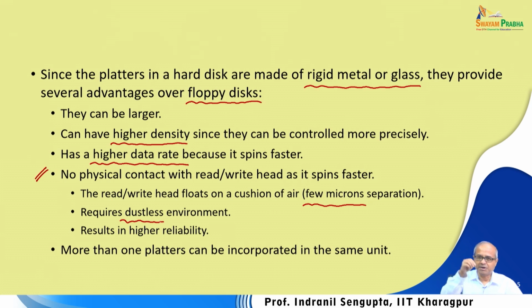So, if a speck of dust falls on the surface, the read write head can crash with that speck of dust. Okay. So, you need a dustless environment, and because of that the disk provides much higher reliability. And in general, there is not only one platter inside a disk unit, there can be multiple such recording surfaces, multiple platters. Okay.